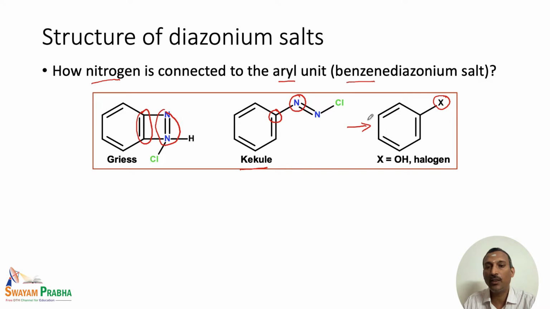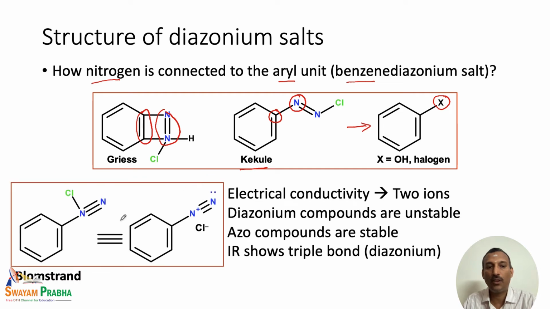This is possible only if there is a single bond, that is, only one nitrogen is connected to the aromatic ring. In the case of two carbons attached to two nitrogens, these kinds of products cannot be formed. That is the reason Kekulé suggested that only one nitrogen is connected to the aromatic ring. This is how he gave the structure for benzene diazonium salt.